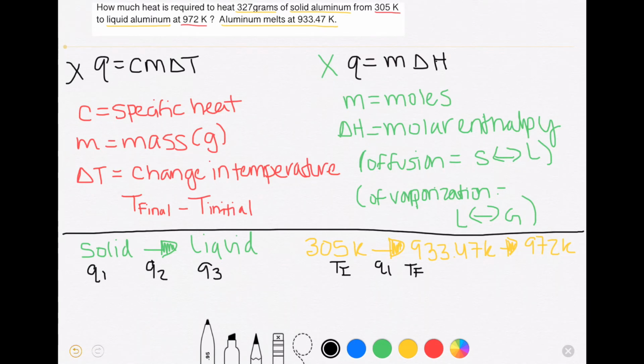Then for my Q3, the 933.47 is going to be my initial temperature, and the 972 will be my final temperature for my Q3 calculation. So I've already set up my subtraction problems there. It's going to be this temperature minus this temperature for Q1, this temperature minus this temperature for Q3.